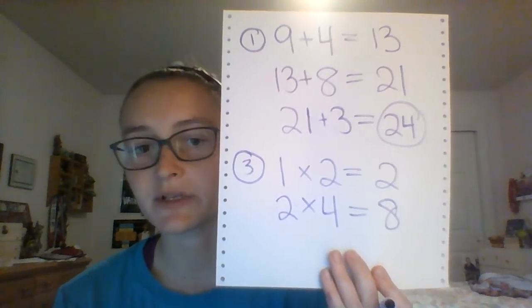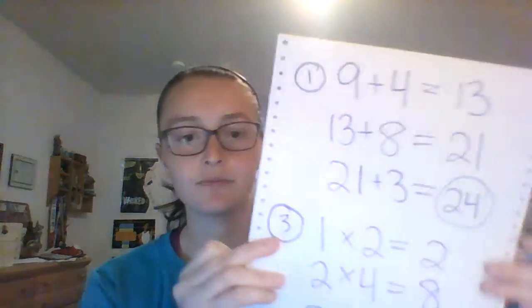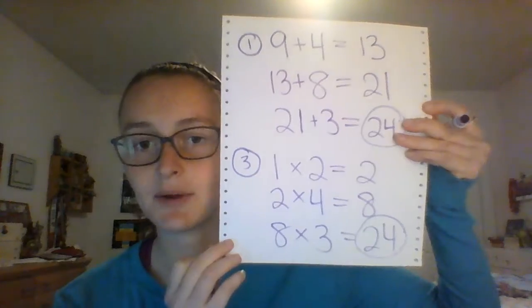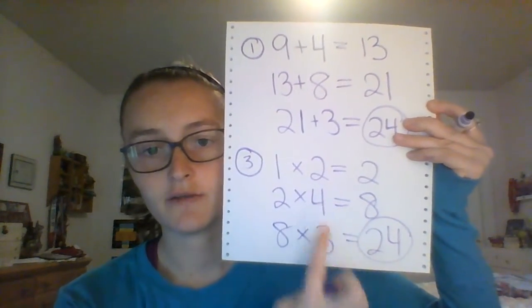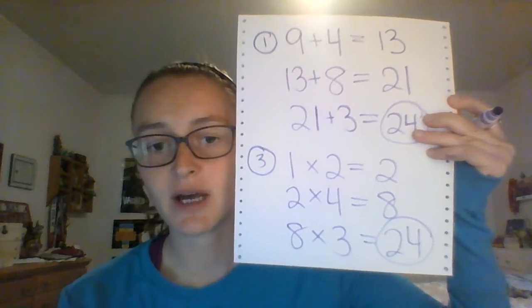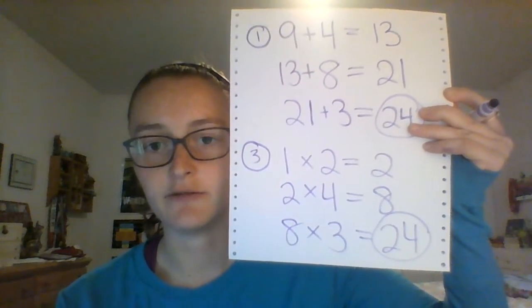And the last number was 3. So we take 8. 8 times 3 equals 24. So again, in this problem, our numbers were 1, 2, 4, and 3. We multiply them all to get 24.